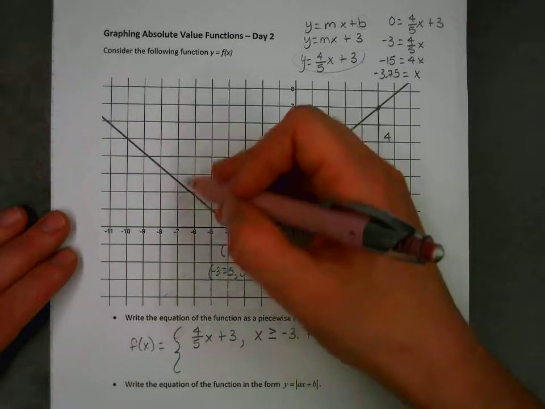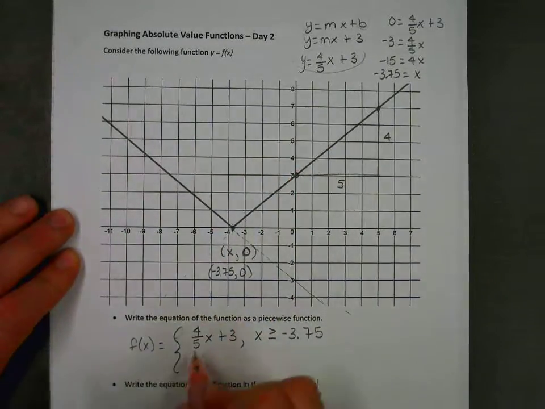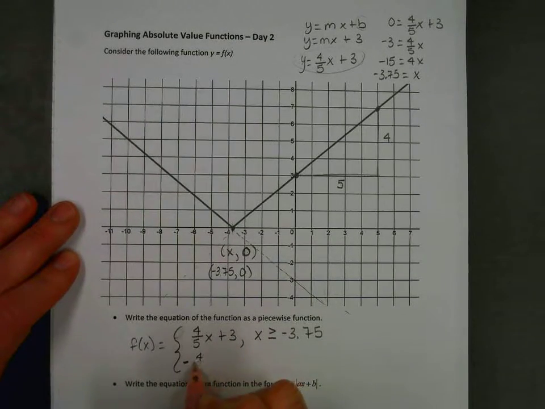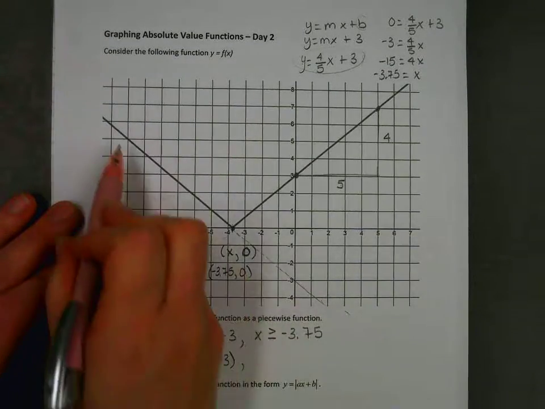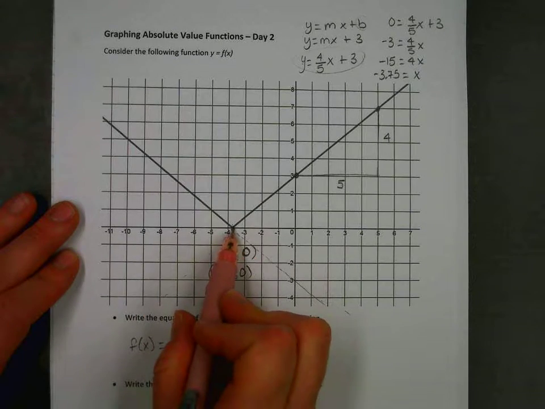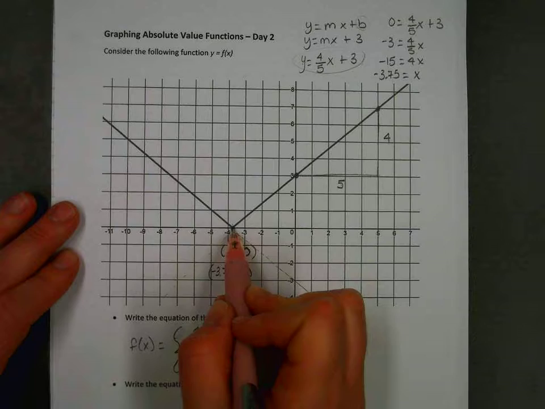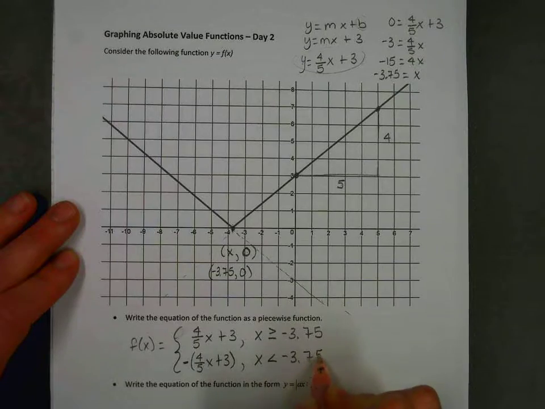So all I need to do is take this same equation and apply a negative to the entire function. But again, I want to restrict my domain to only graph this portion of that line. So therefore my x values would have to be everything less than negative 3.75. And that is how you write the function as a piecewise function.